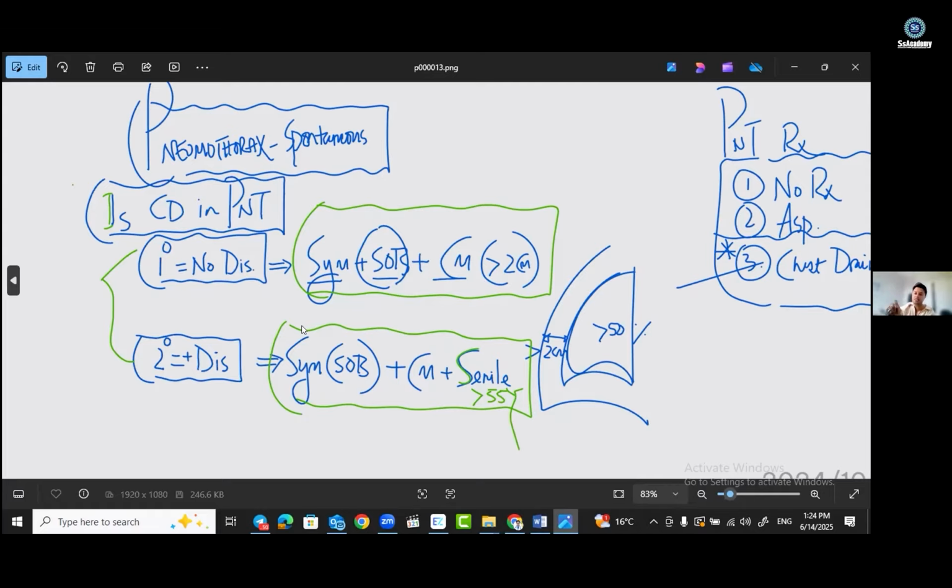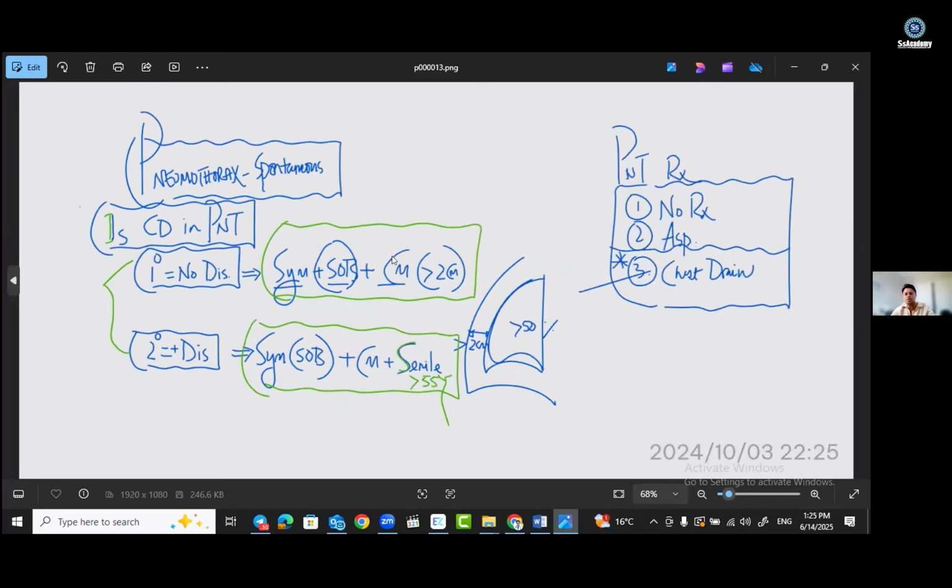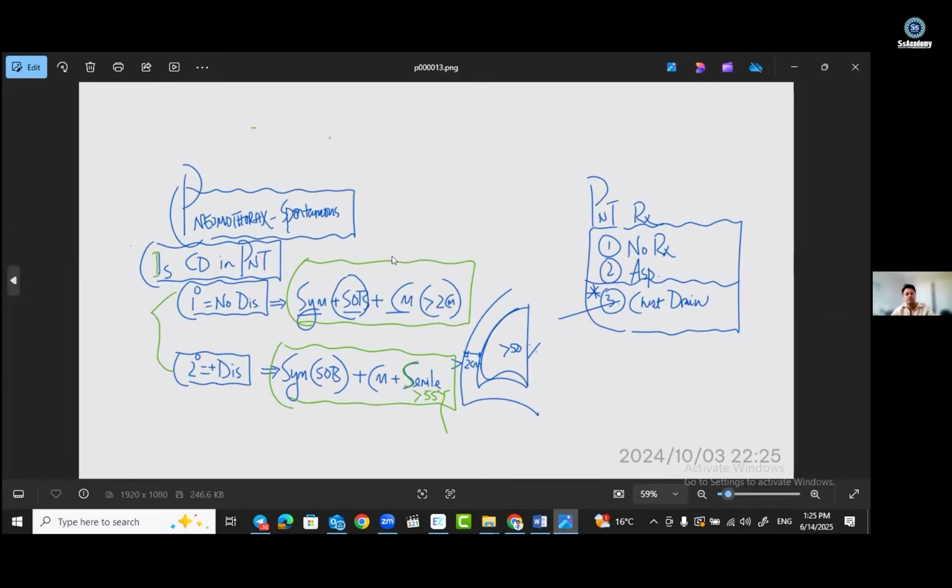We always look for whether there are indications for chest drain, because if it is chest drain, we need to look for who performs it. If not, then you can aspirate and wait later on. Fine. So this is about spontaneous pneumothorax, and what the BTS guidelines say.